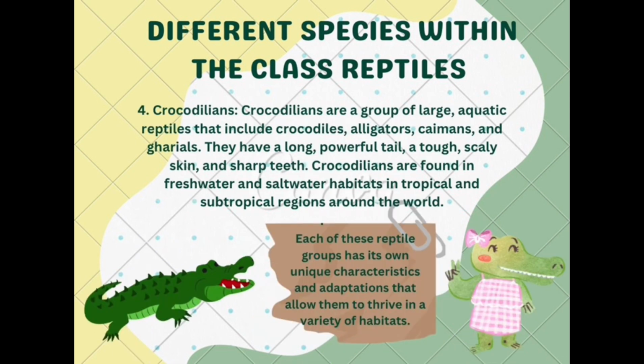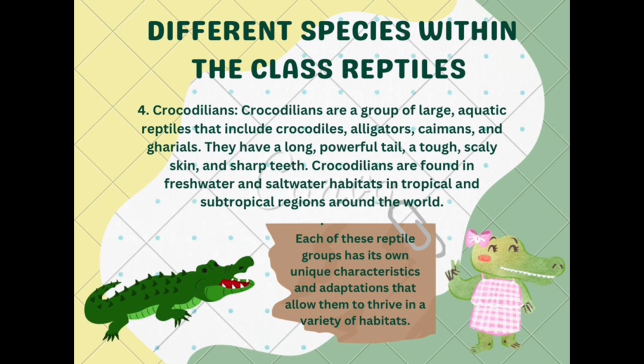Four, crocodilians. Crocodilians are a group of large aquatic reptiles that include crocodiles, alligators, caimans, and gharials. They have a long, powerful tail, a tongue, scaly skin, and sharp teeth.